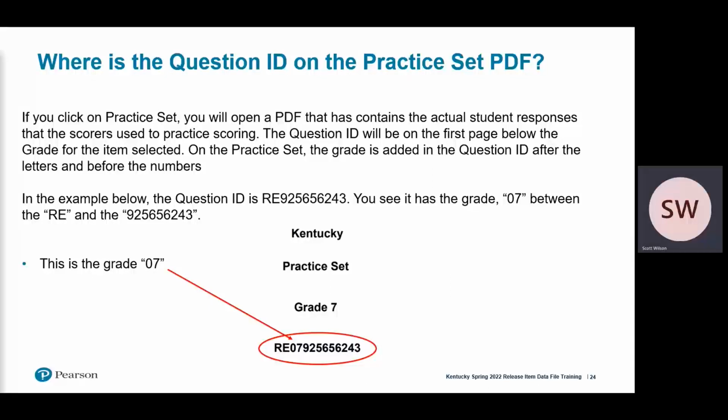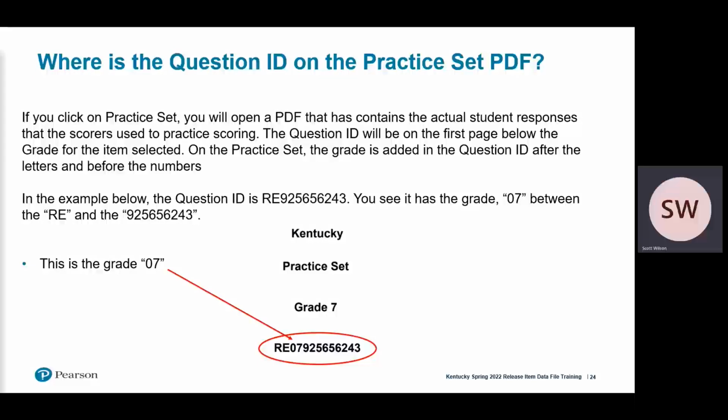Next, if you click on a practice set, again, you're going to open up a PDF that contains the actual student responses that the scorer used to practice scoring. Again, the question ID will be on the first page below the grade for the item selected.